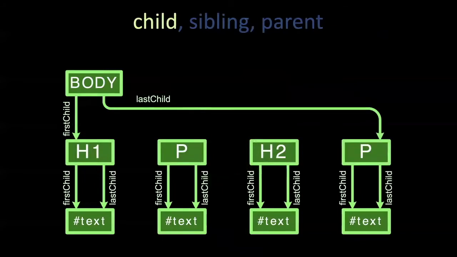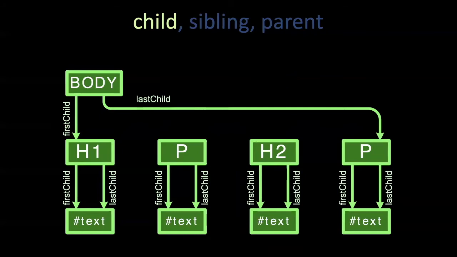I said that the browser constructs the DOM, and in addition to constructing the hierarchy of nodes, we refer to each of these things as nodes, okay? As well as constructing the hierarchy of nodes, it also builds in links between them to facilitate your JavaScript navigating this structure.